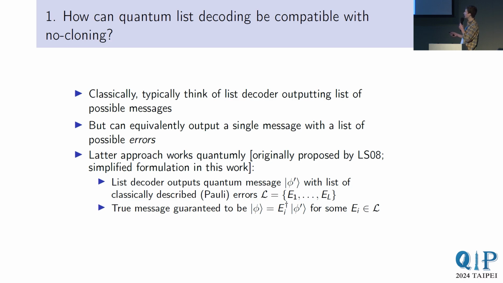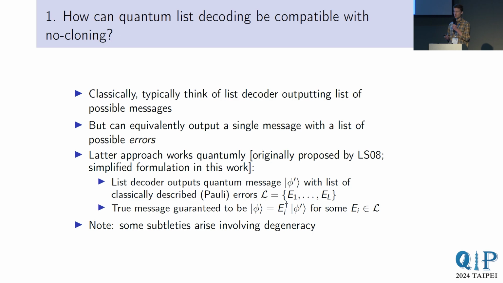That means the decoder only outputs a single quantum message, so there's no issue with no-cloning. The guarantee is that the true message is this outputted message phi prime with one of the list elements applied to it. One of these possible Pauli errors has occurred. Now, there are some subtleties that arise involving degeneracy. I won't get into that, but this is the main idea.